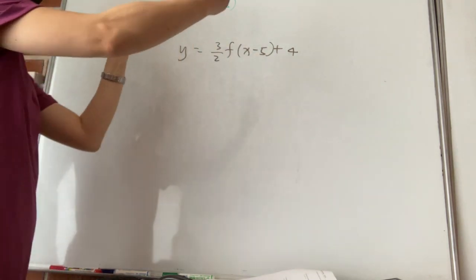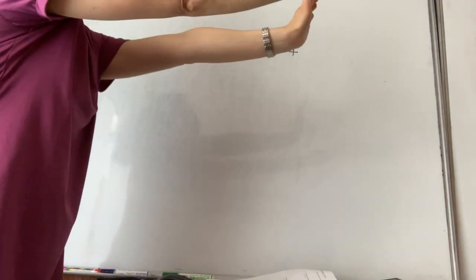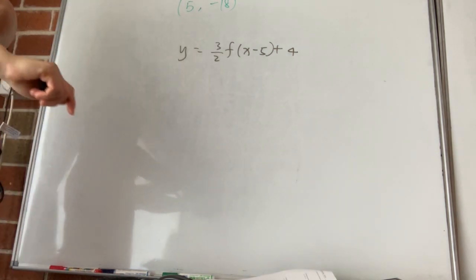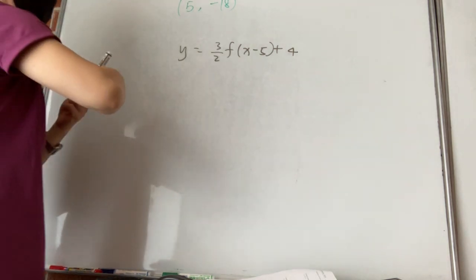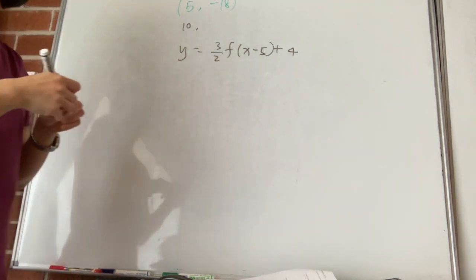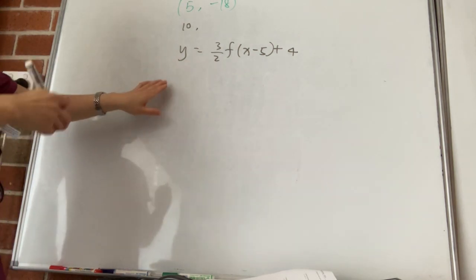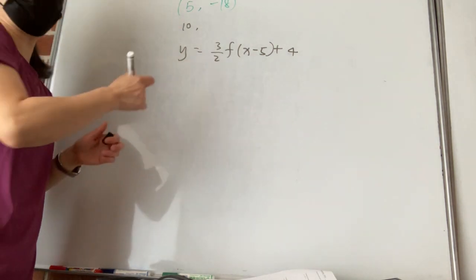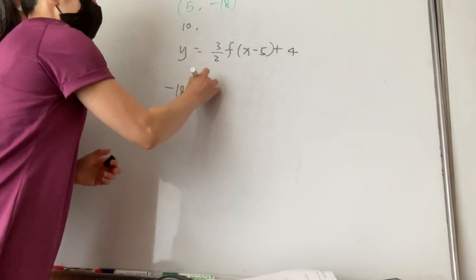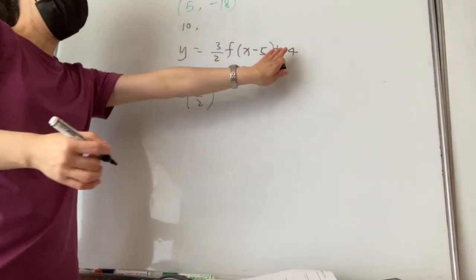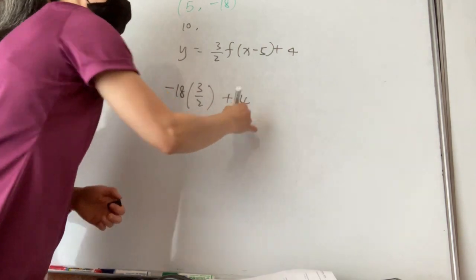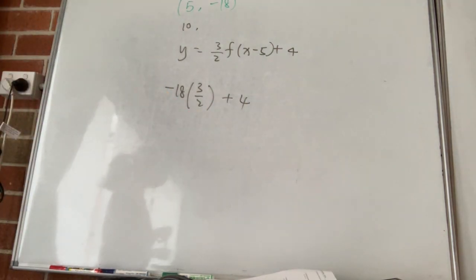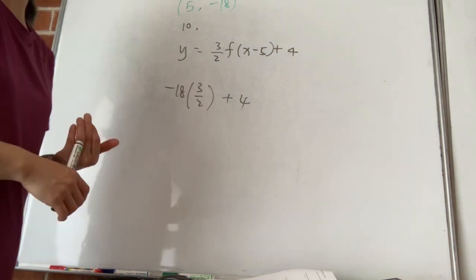When you have x minus 5, you move to the right. Yes, 6 plus 5, move to the right. So you become a 10, right? And then you times the y by 3 on 2. So you have minus 18 times by 3 on 2, and then you add 4. Good. You times it by the dilations, and then you do the transformations.